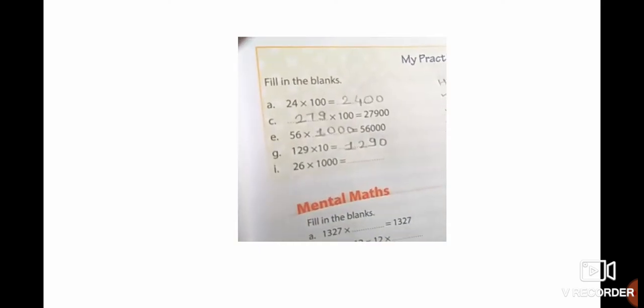Next one, 129 into 10 is equal to 1290. Okay, last one, 26 into 1000, 26,000. Okay, so 26 first and 3 zeros. Okay, so like this you are going to write the answers.